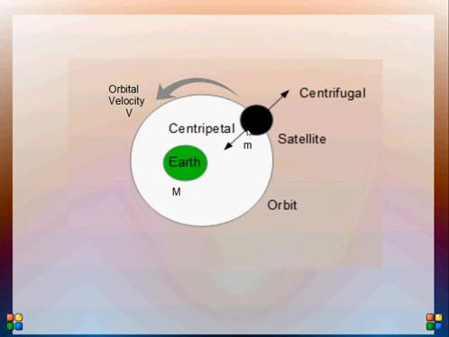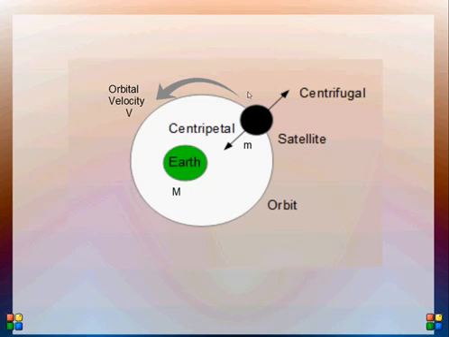Now, this satellite is under the influence of two forces, centripetal and centrifugal force. The centripetal force is due to the gravitational force, which is pulling the satellite towards the Earth, but it is balanced by the centrifugal force, which is created by the orbital velocity of the satellite.